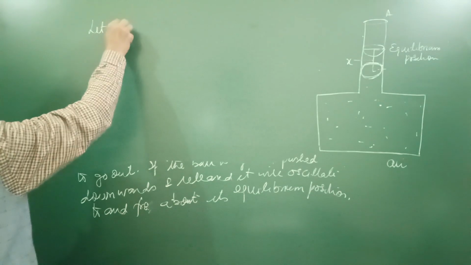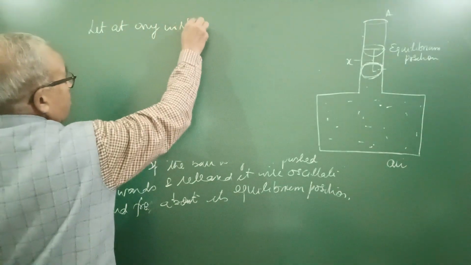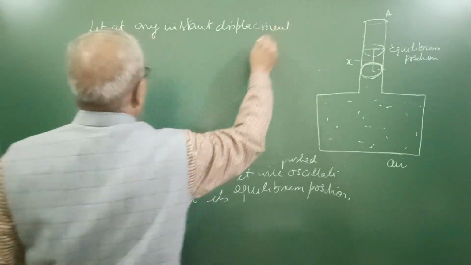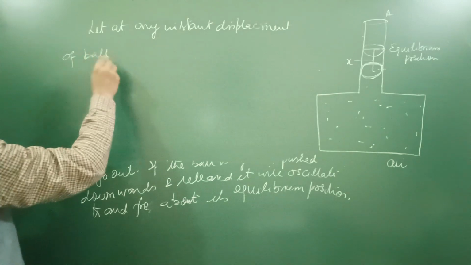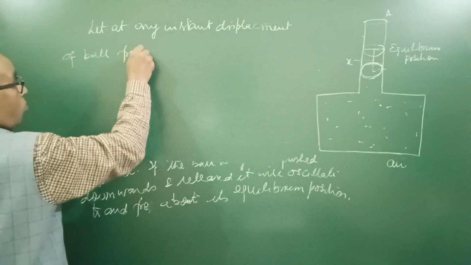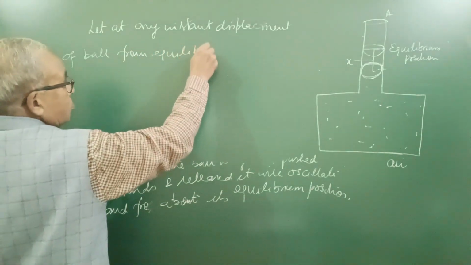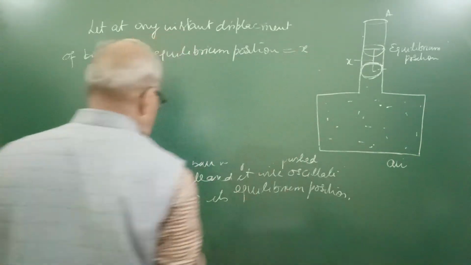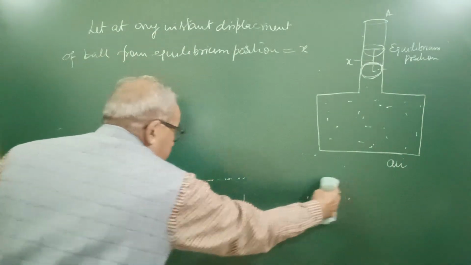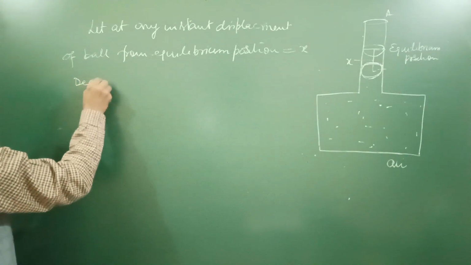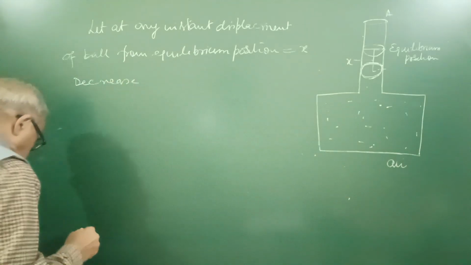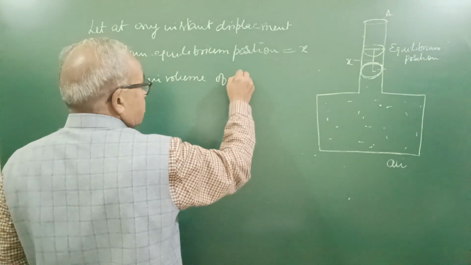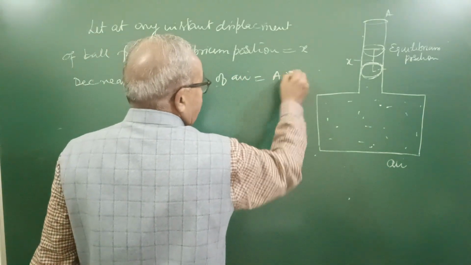So the decrease in volume of air is A into x.